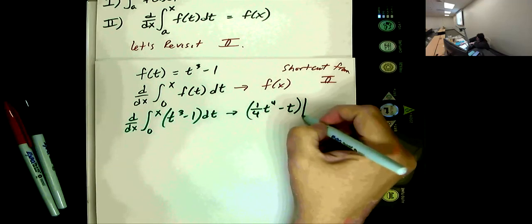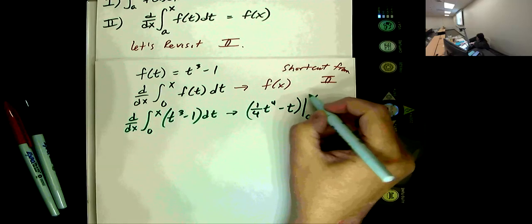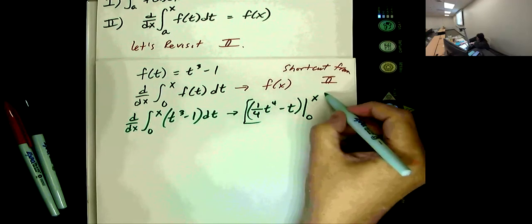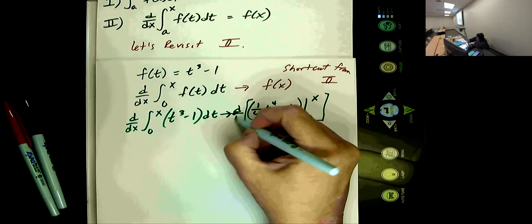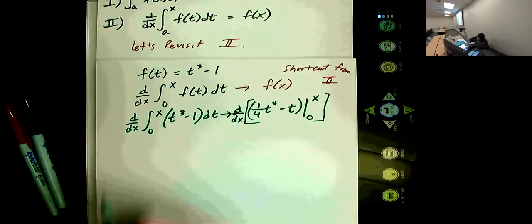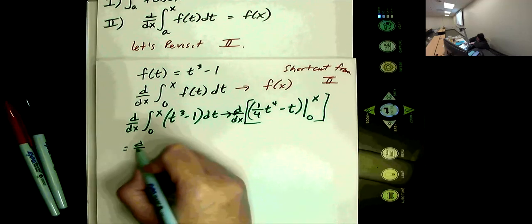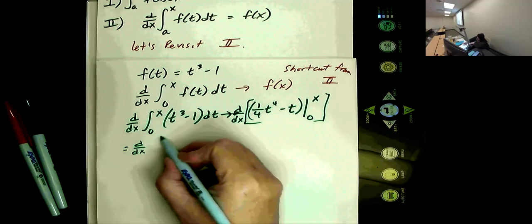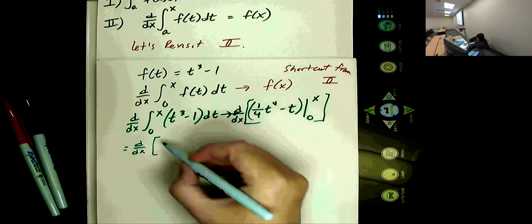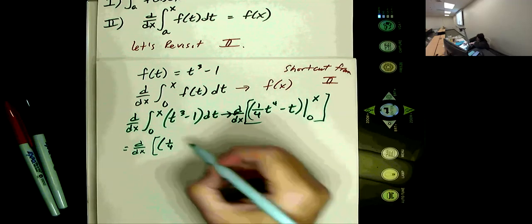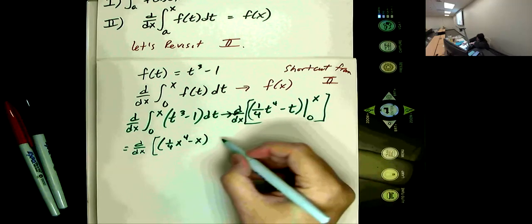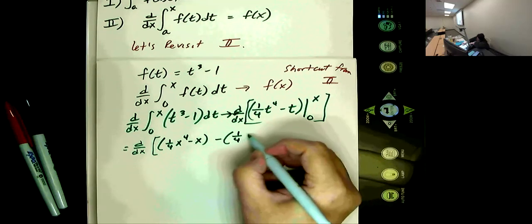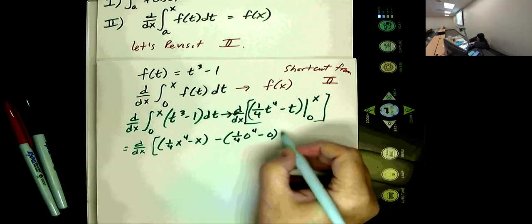And we're evaluating that from 0 to x. And then we have a d dx outside. So I've got d dx of 1/4 x to the 4th minus x minus 1/4 0 to the 4th minus 0.